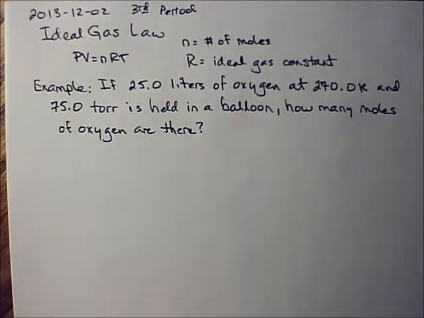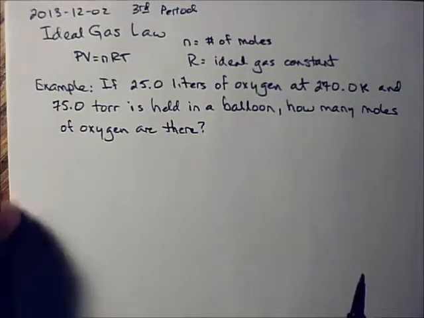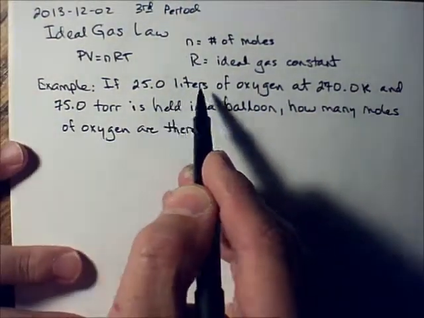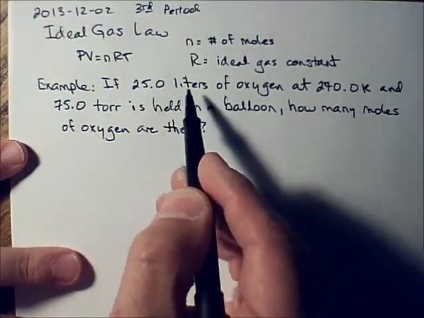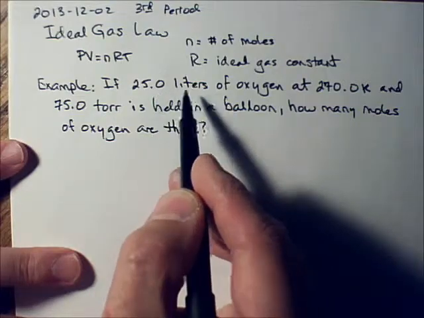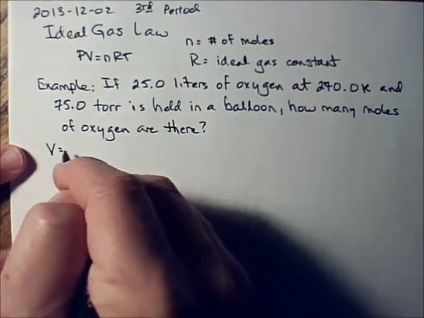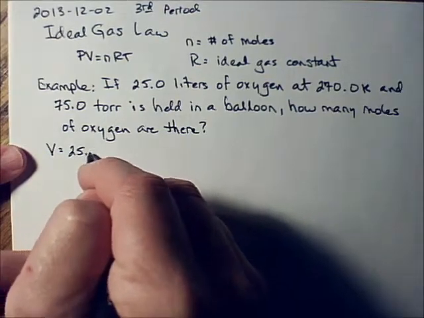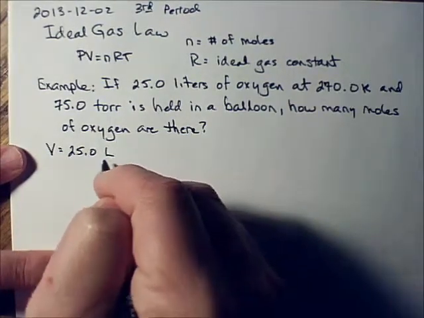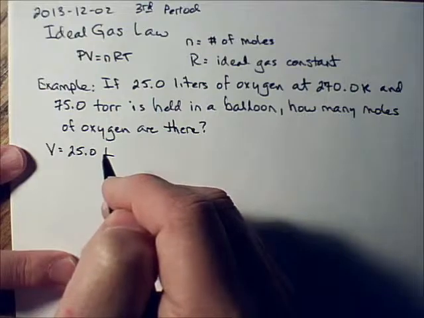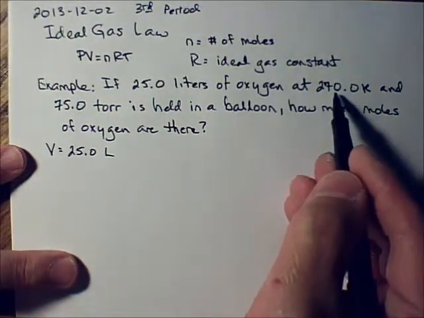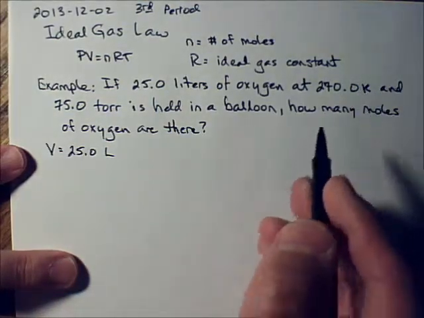Well, the first thing we do when we're solving a gas law problem is list your knowns and unknowns. Okay? So what known or unknown is this? Is that a known? That's a volume known. 270.0, yes.